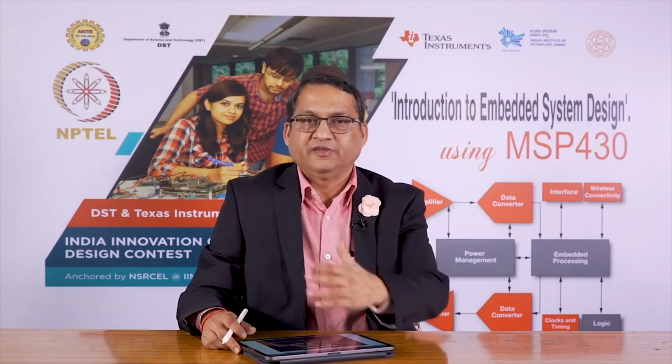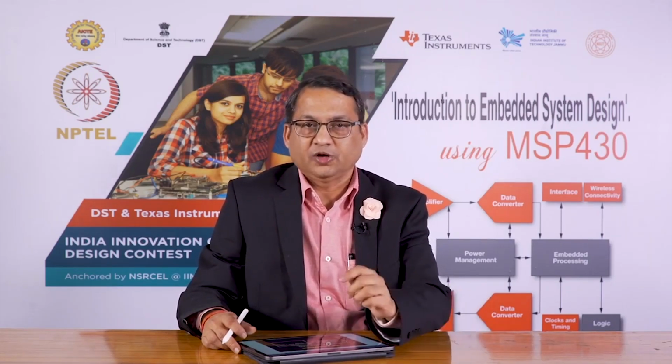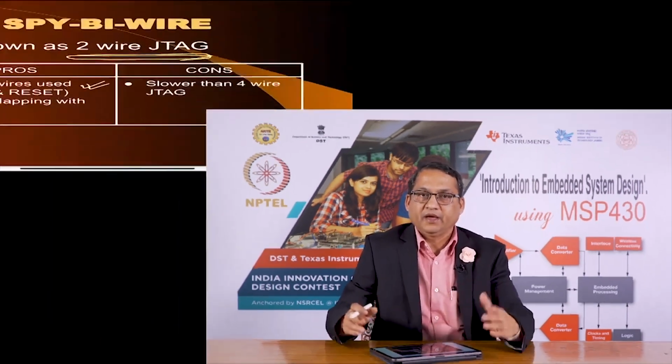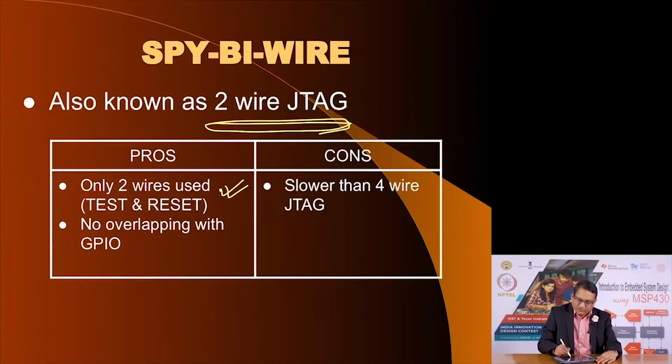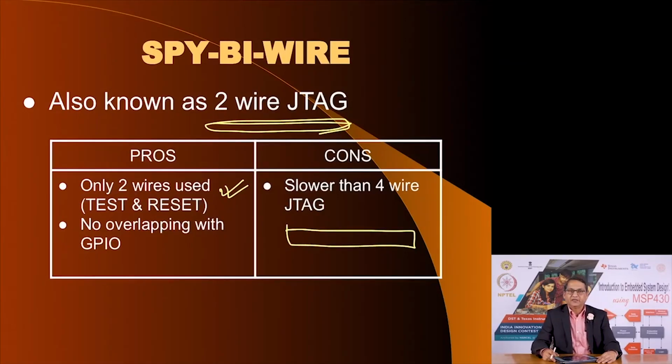The only disadvantage is that internally these 2 wires are received by a shift register, which receives the clock and data on these 2 wires and makes a full 4-wire protocol. So, it will be slightly slower than the JTAG interface, but that is a small price to pay for the advantages that you get using this approach, namely just 2 wires and no GPIO pins sacrificed.